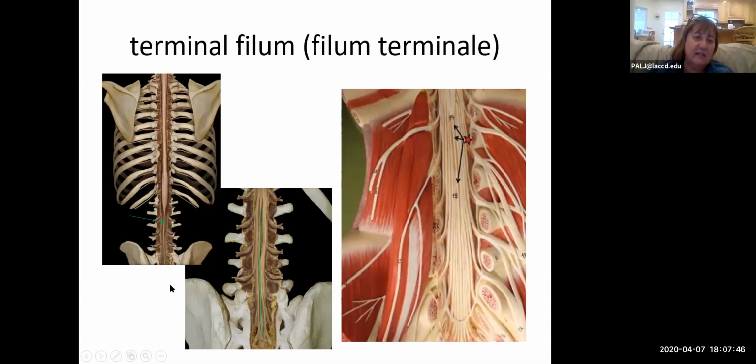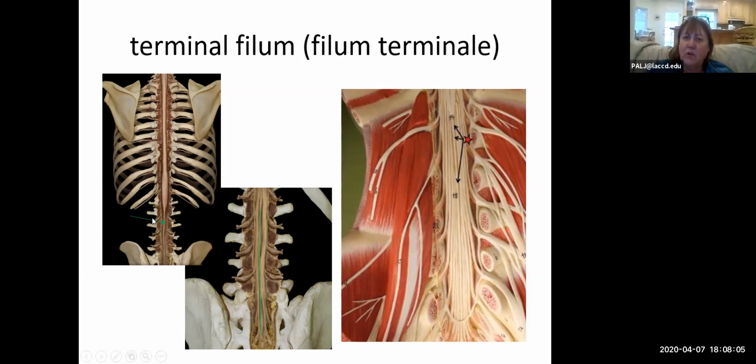It's a piece of pia mater, which is in the meninges lecture, that attaches the conus medullaris all the way down to the coccyx, and it's been attached since it was formed. But what has happened is the filum terminale has gotten longer as the spine got longer.